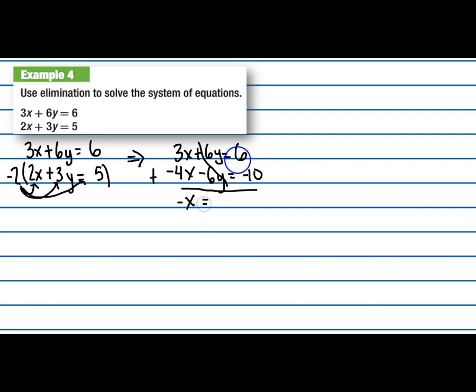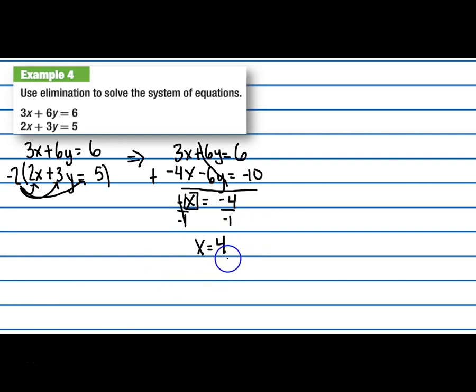Which is equal to 6 plus -10, which is -4. We're almost done. If you need to box your x, divide both sides by -1. So x is equal to 4.